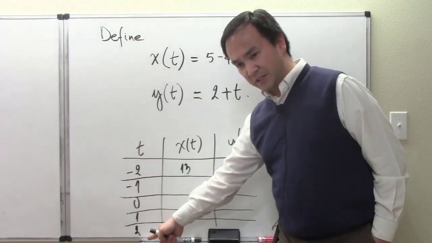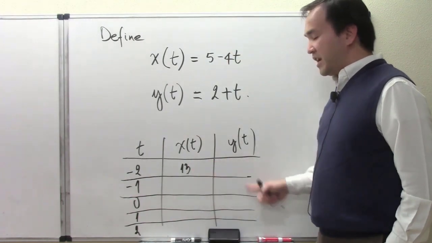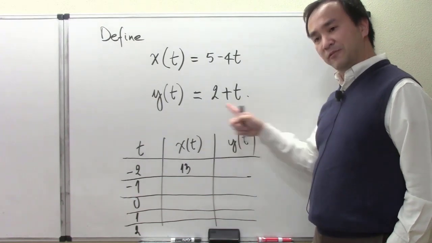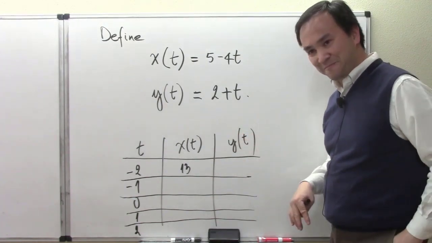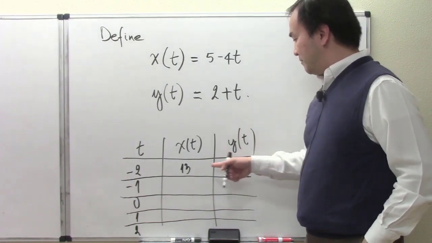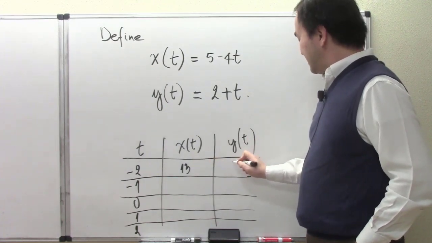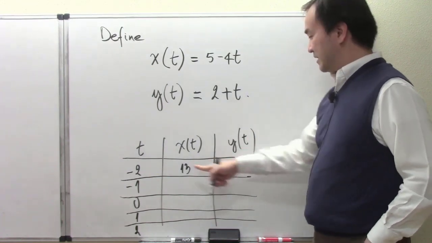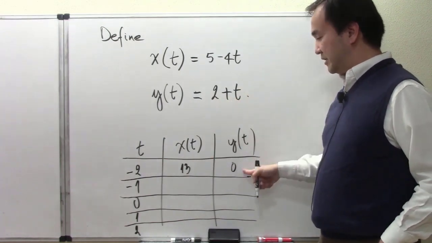So one set of t values, and now we can come out with 2 sets of outputs from 2 separate functions, completely separate, nothing to do with each other. So at this point my value for y here is going to be 0, because -2 substituted into our function, 2 plus -2, is a 0.